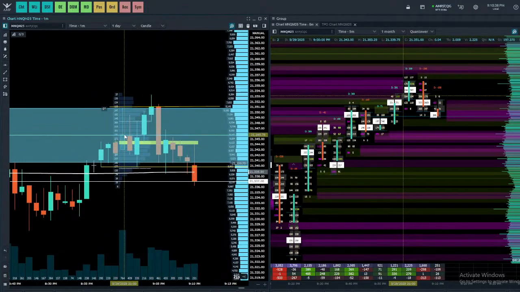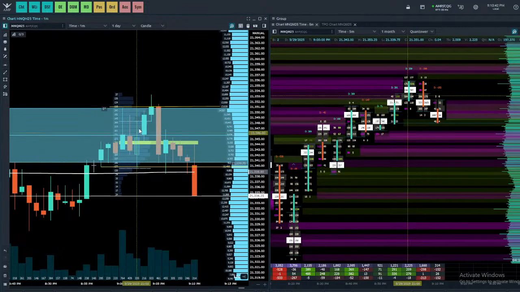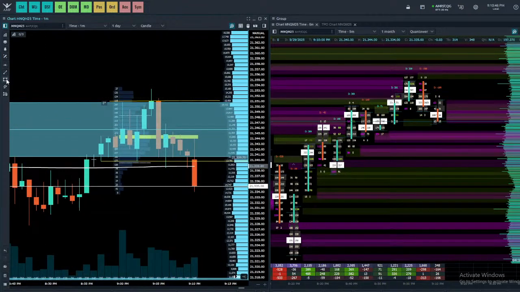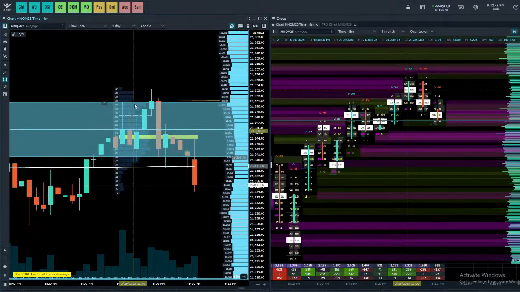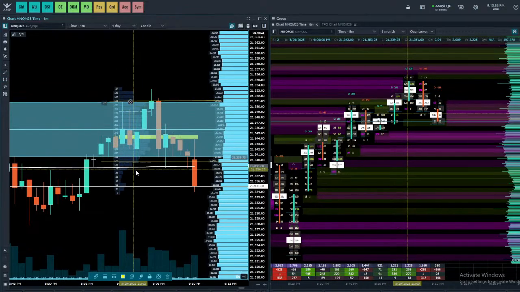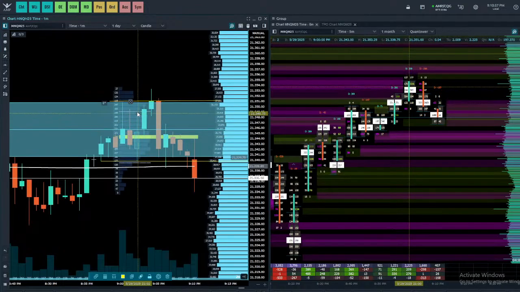Consolidation, sweep, boom. That's the move right there. Okay, so look, equal highs. I think this is it right here. Equal lows, equal highs. Price came up, sweep. We created a fair value gap right here.